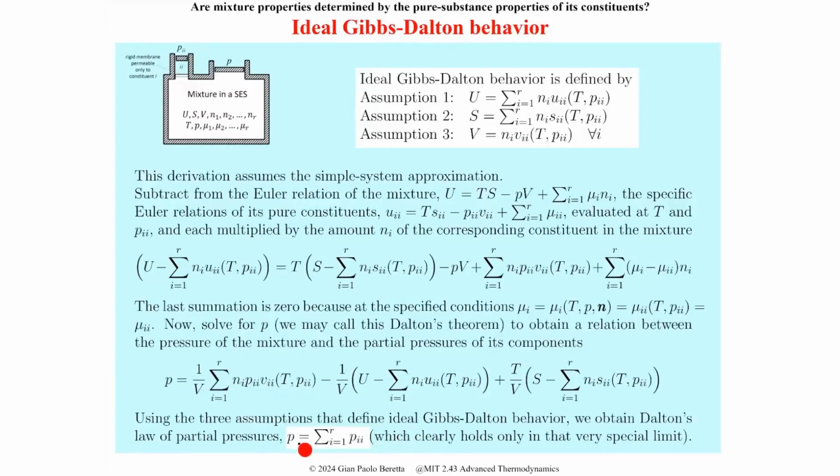So the pressure of the mixture is going to be equal to the sum of the partial pressures of the constituents of the mixture. But in general, that is not true. I mean, this is not true for a non-ideal mixture.